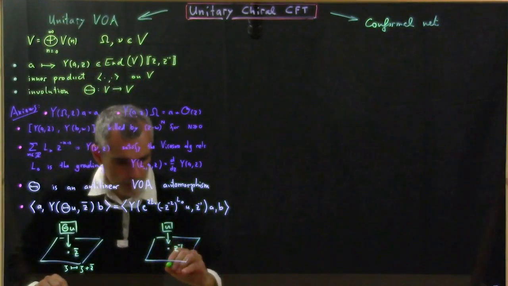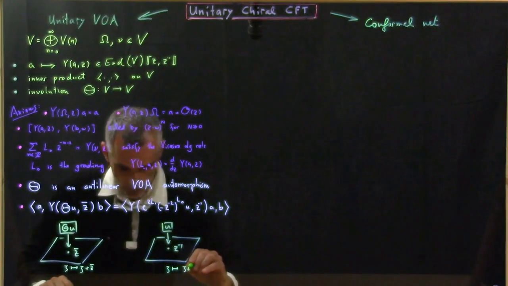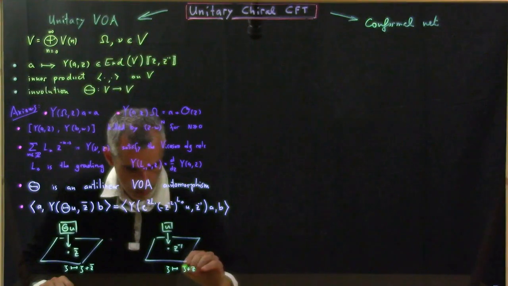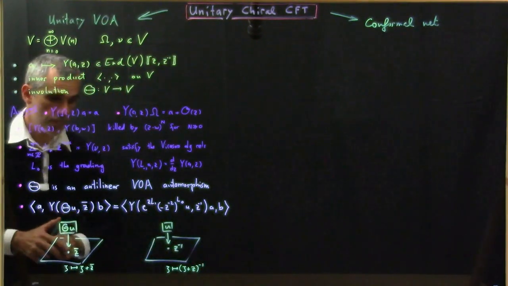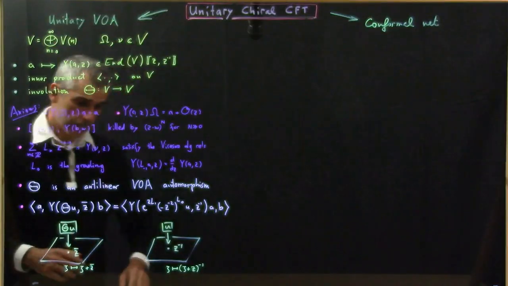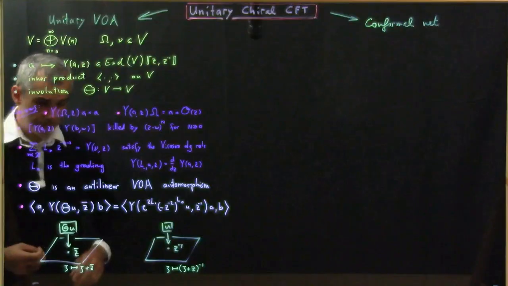And the coordinate is zeta goes to zeta plus z inverse. And so I think this really helps in parsing what this thing is really about.